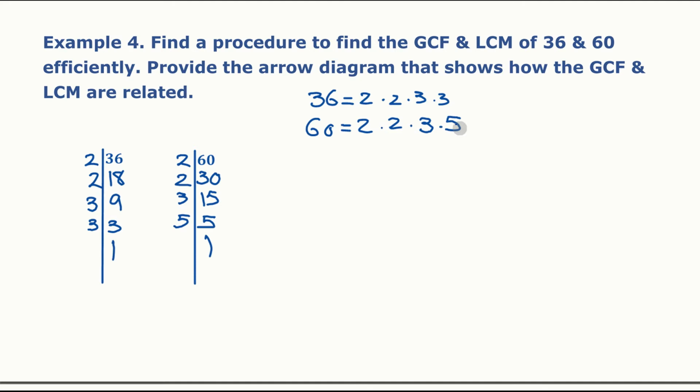Now, if we want the GCF, remember that's going to be the greatest common factor. So we notice that we have 2 in common here. So both of those are going to be part of the GCF, and we have a 3 in common. So we just get 2 times 2 times 3, right? So 12.